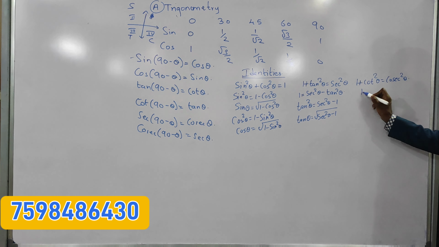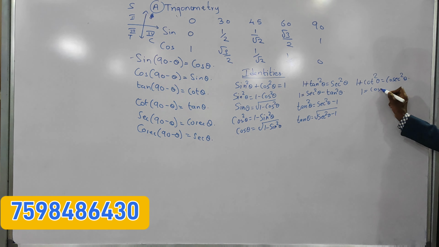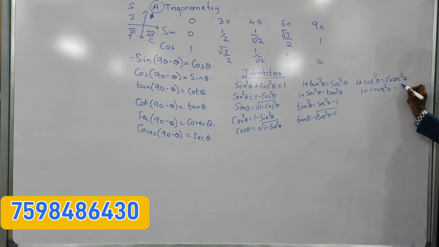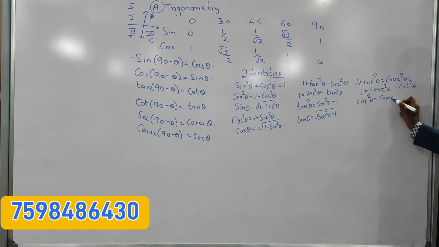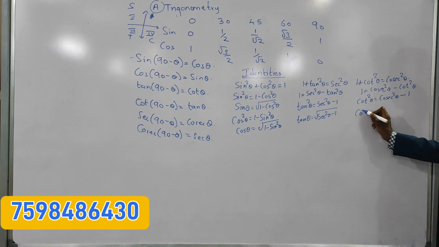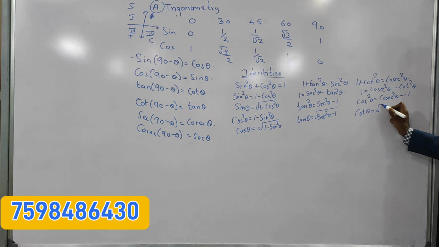Now here this becomes 1 is equal to cosecant square theta minus cot square theta, or you can write down cot square theta is equal to cosecant square theta minus 1, or this can be written as square root of cosecant square theta minus 1.